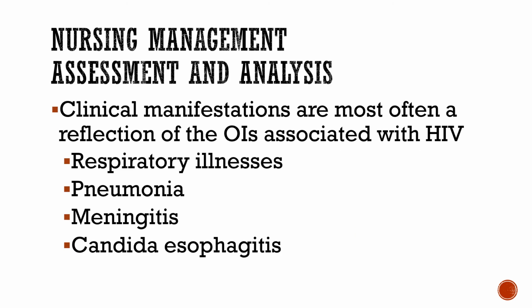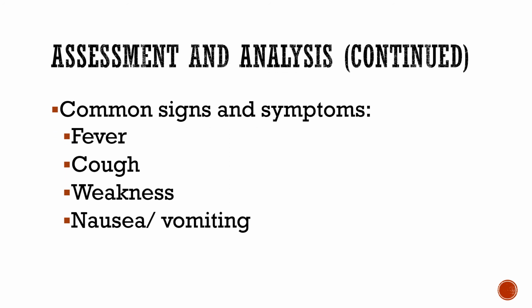So some nursing management, and we are talking about assessment and analysis. Some clinical manifestations that are most often a reflection of the OIs, those opportunistic infections that are associated with HIV, are respiratory illnesses, pneumonia, meningitis, candida esophagitis. Common signs and symptoms of those OIs are fever, cough, weakness, nausea, and vomiting.